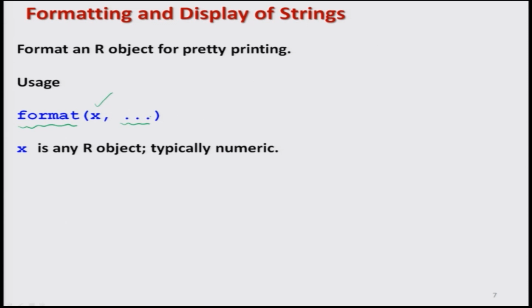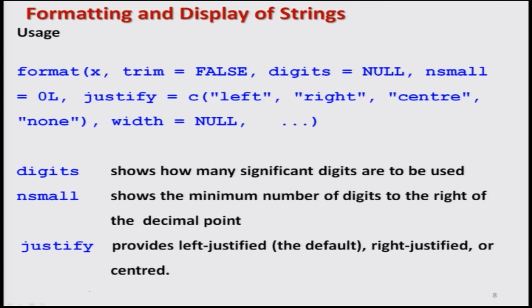This format is essentially used for nice printing, pretty printing, or a prettier display in the required format. Here x can be any R object, but many times we are interested only in numerical values.